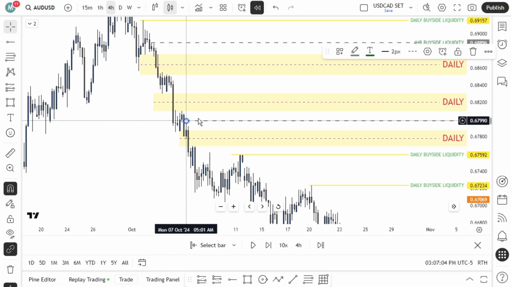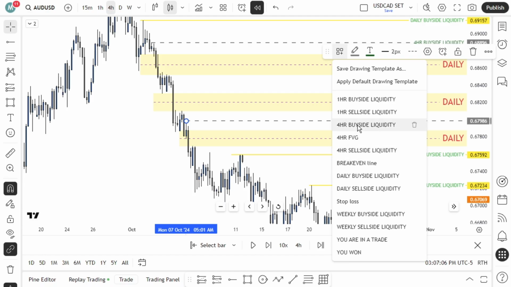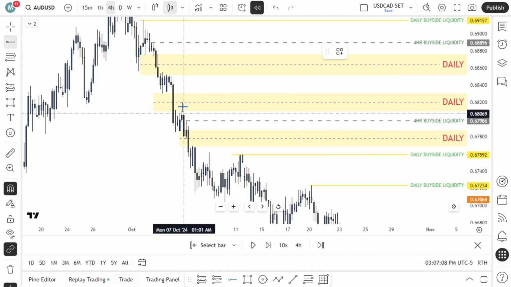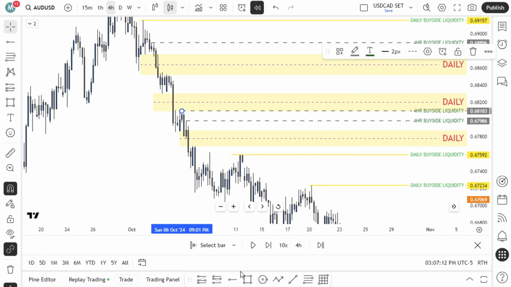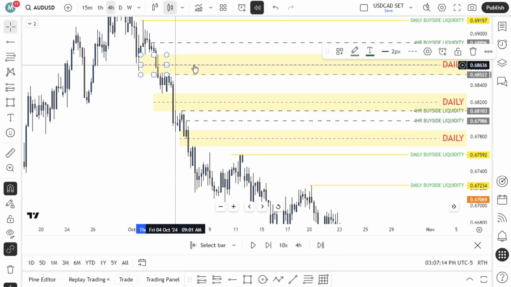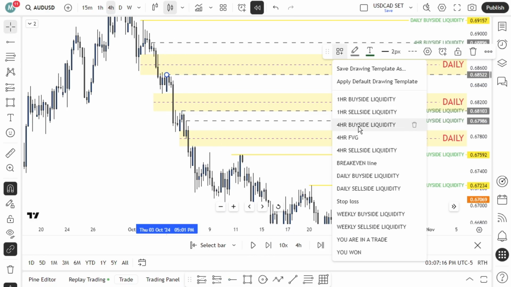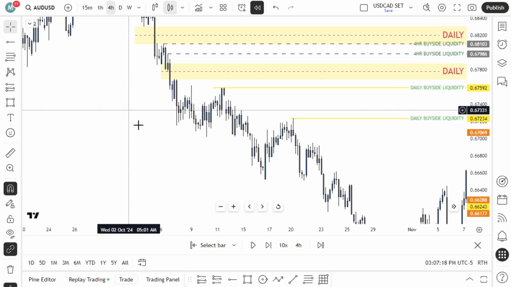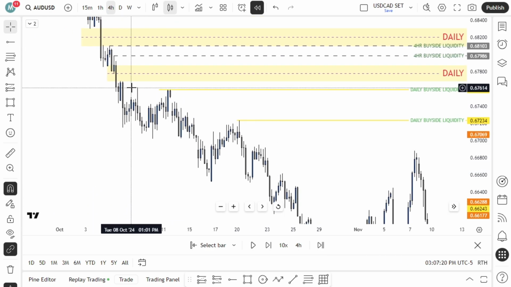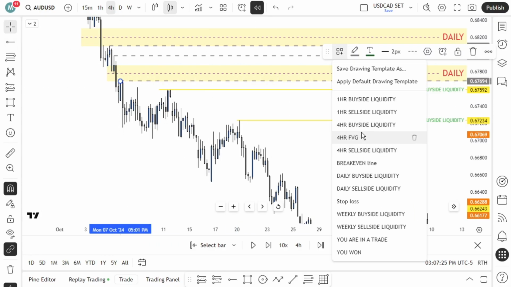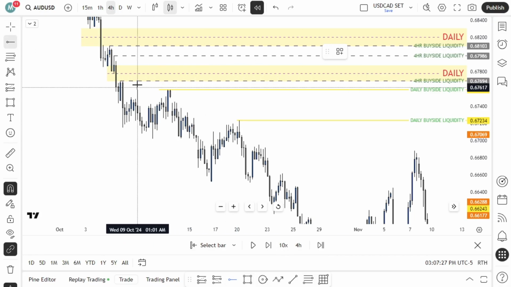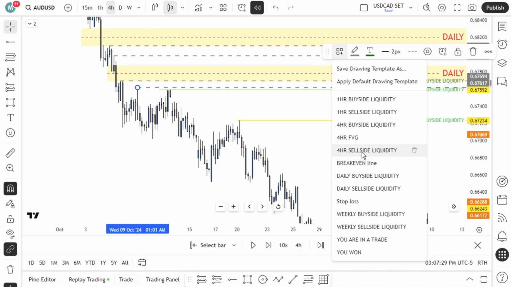Okay, we have 4-hour buy side. Next 4-hour buy side here. And we missed this one here. The next one here, and the next one here.